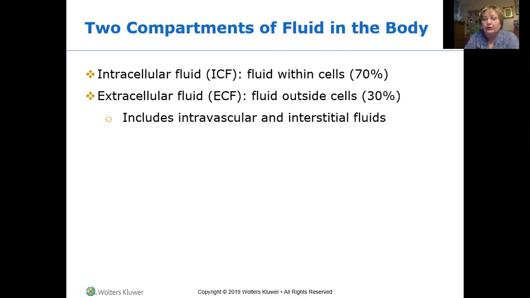The fluid that is around the cells, that is extracellular. The fluid that's around the cells within the vascular system, so meaning within all the blood vessels, with all the arteries and veins and capillaries, that is intravascular fluid. Interstitial fluid is the fluid that is actually pushed out into the tissue. And there has to be a constant exchange of all of that fluid in order to maintain homeostasis, okay?